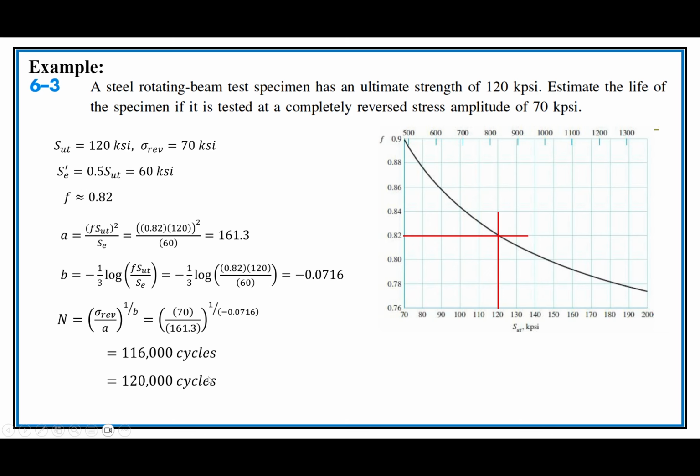But you can imagine that if you actually ran through this, it could die within 60,000 cycles or live to be 200,000 cycles. So saying 120,000 cycles is probably going to be a lot better than saying 116,000, which sounds like we have a pretty good idea of when the thing's going to fail when you really don't. And I shouldn't have said 60,000, but somewhere in there.